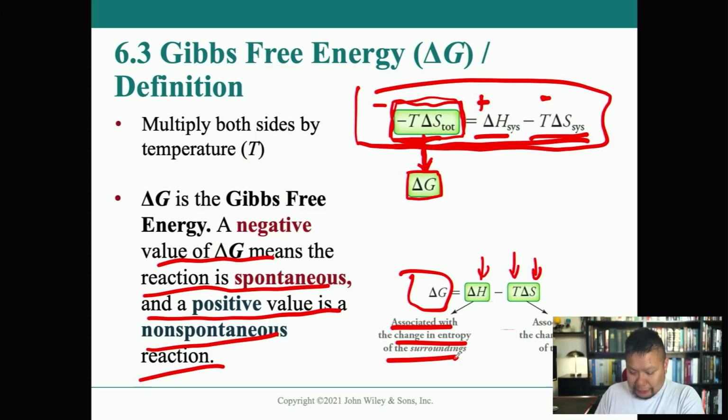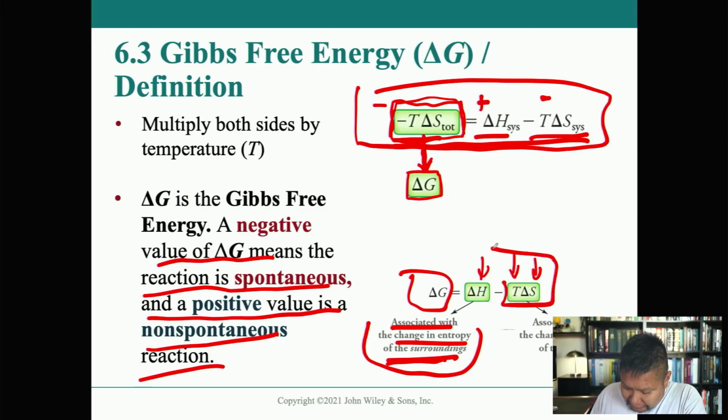So not only does this delta H take into account the enthalpy, but it also takes into account the change in entropy in the surroundings, because it was before delta S surroundings, before we did our equational equivalencies. And over here we have T delta S, and that's associated with the change in entropy of the system itself. Good stuff.